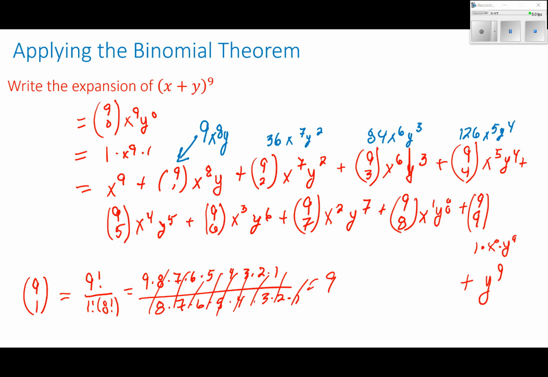This is also 126 x to the 4th y to the 5th. And this one becomes 84 x cubed y to the 6th. This becomes 36 x squared y to the 7th, 9x y to the 8th, and then just plus this one, which is y to the 9th.